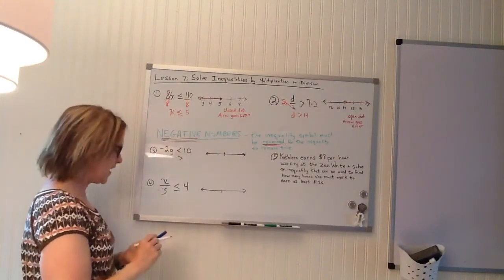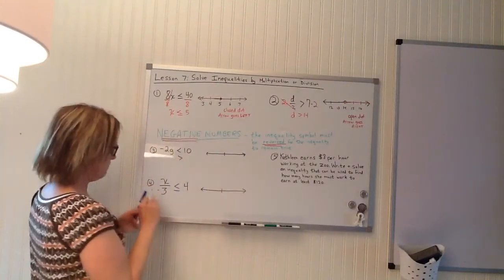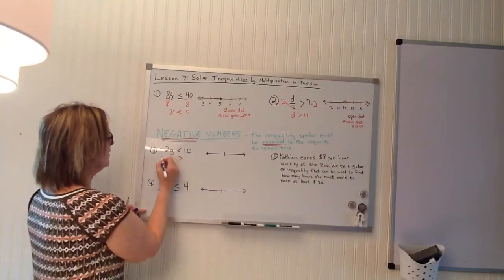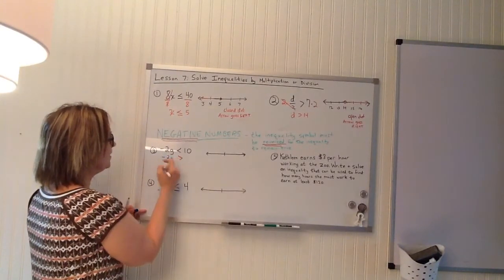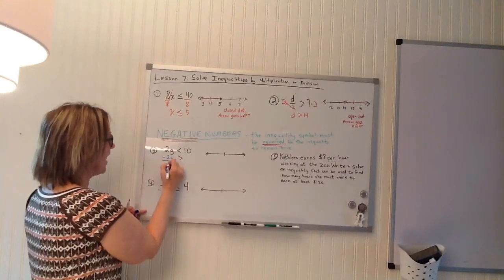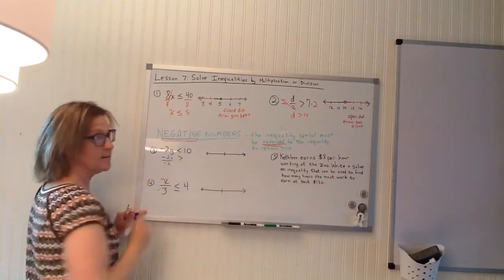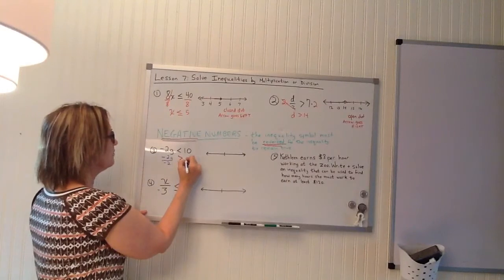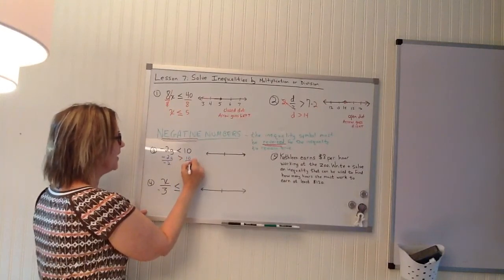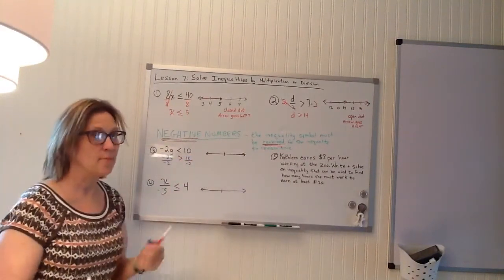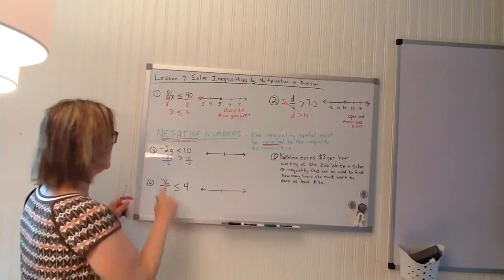So now I solve it like I normally do. Negative 2g, this means multiply, so the opposite is divide by negative 2. And the other side I would do the same thing, 10 divided by negative 2. So we have to remember how to perform negative operations.